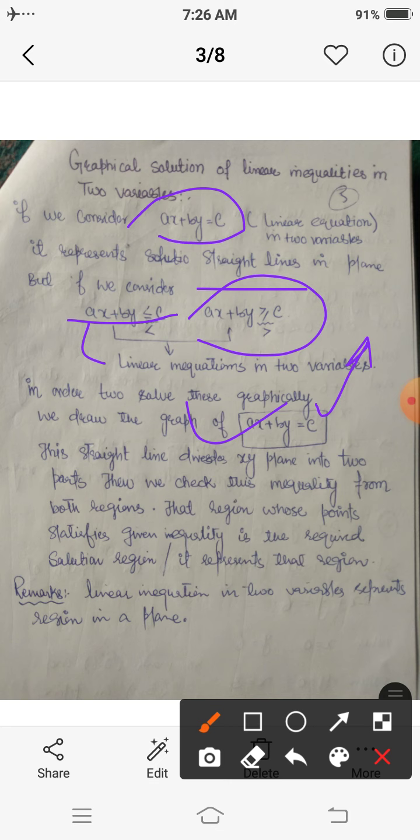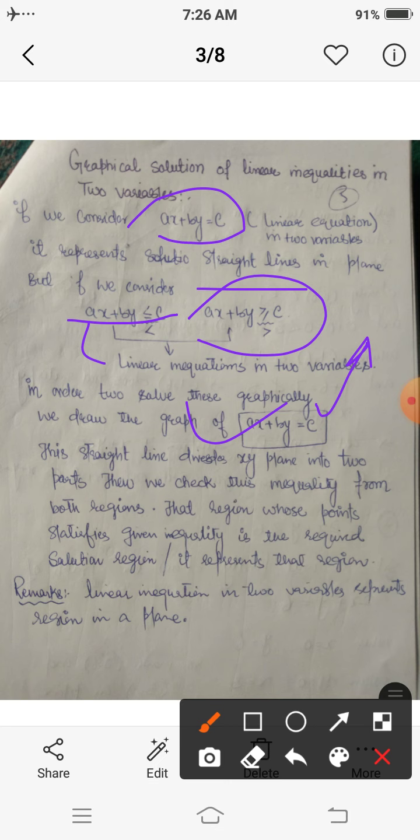Then we have to consider points from both these parts, part 1 and part 2. If the points from part 1 satisfy the given inequality, then we say that this is the solution region, the region represented by this linear inequality.